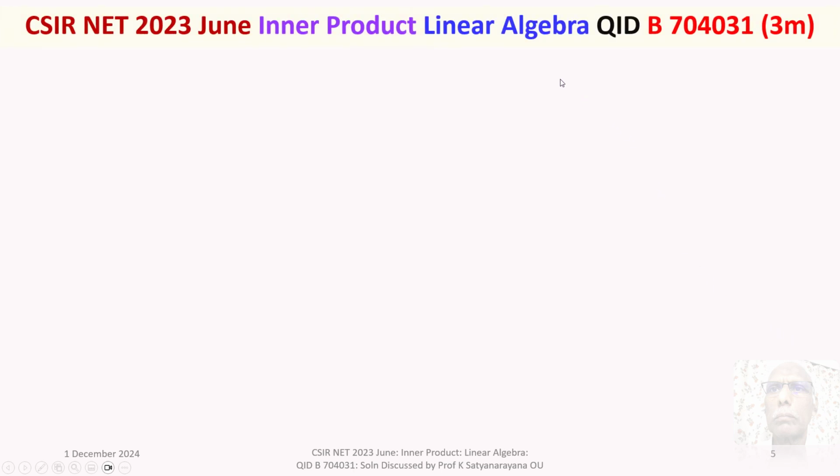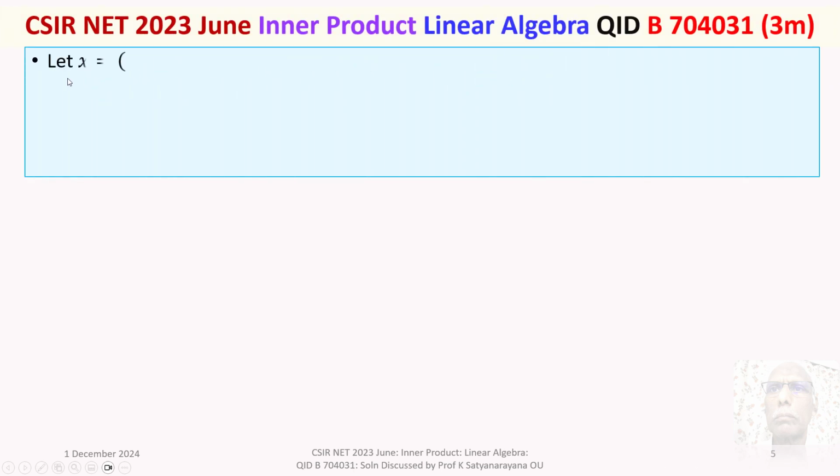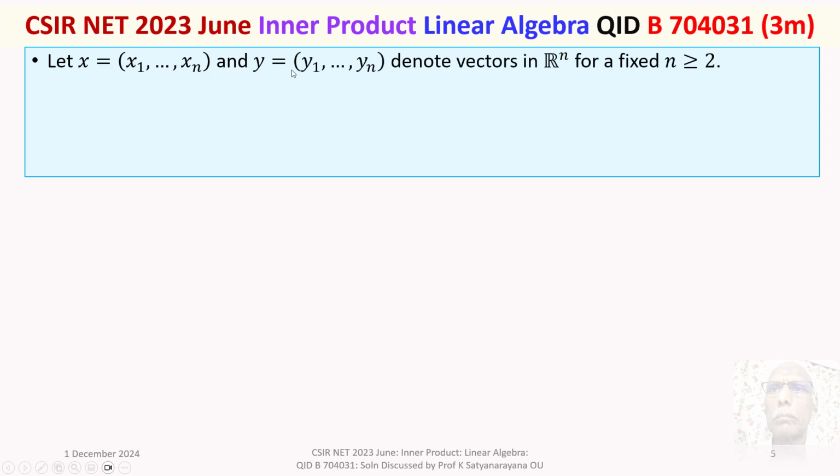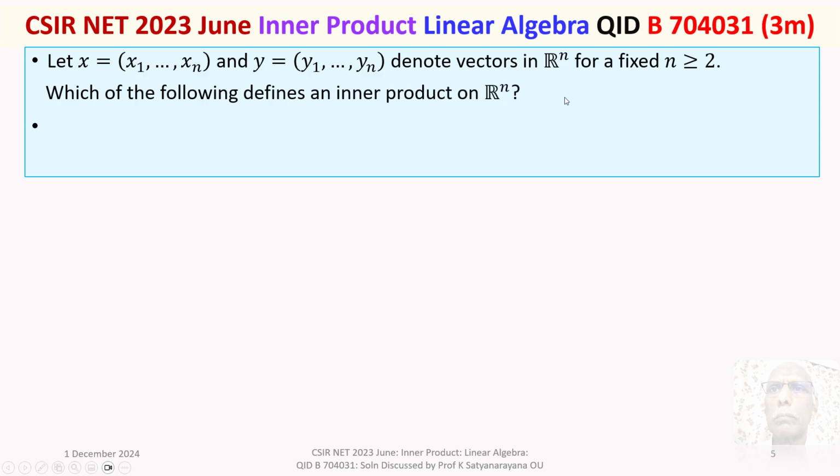The given question is: let x equal to the n-tuple (x1, x2, ..., xn) and y equal to the n-tuple (y1, y2, ..., yn) denote vectors in R^n for a fixed n greater than or equal to 2. Which of the following defines an inner product on R^n?